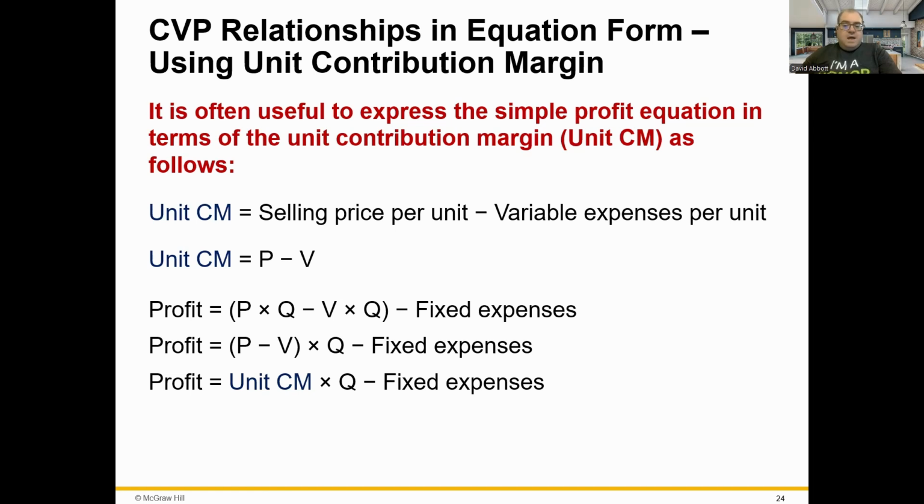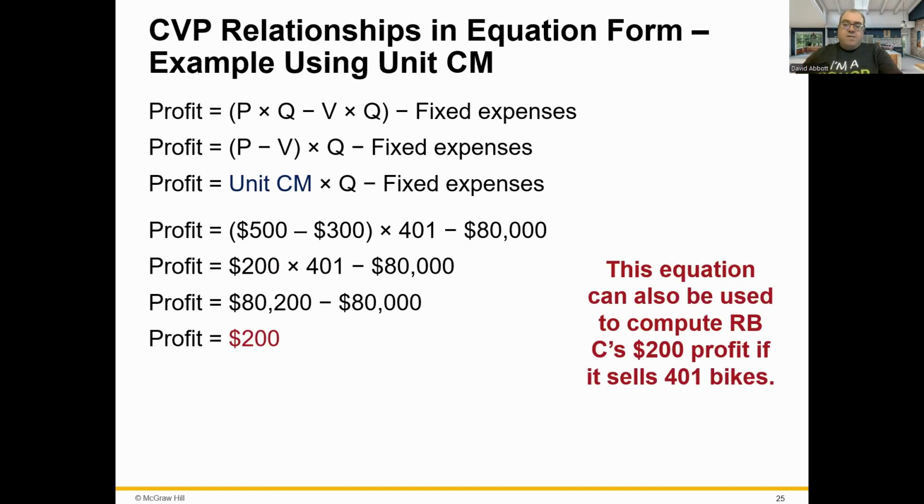So what we can do then is figure out our profit: it is the unit contribution margin multiplied by the quantity. And then we could subtract from that our fixed expenses, and that would get you your net income or your profit. And again, to see it broken down for this example, if we sold 401 units, P minus V is 200.